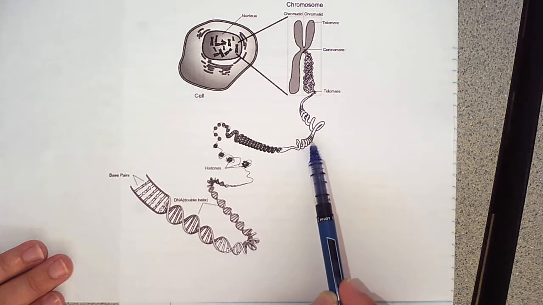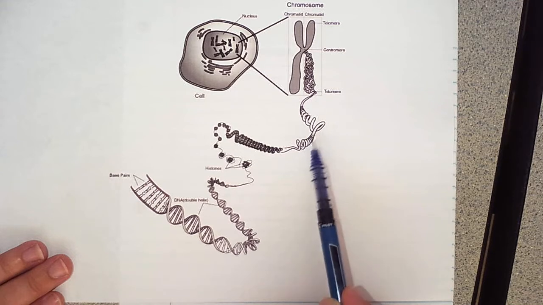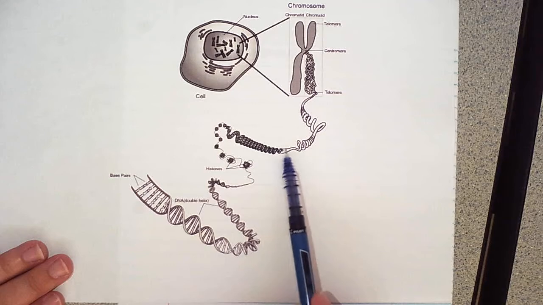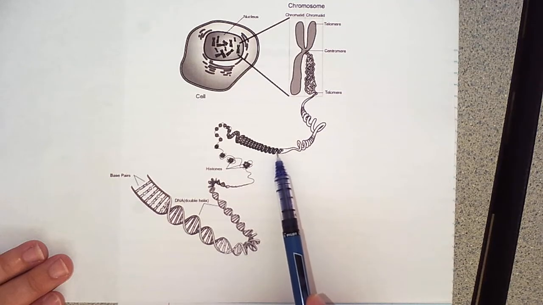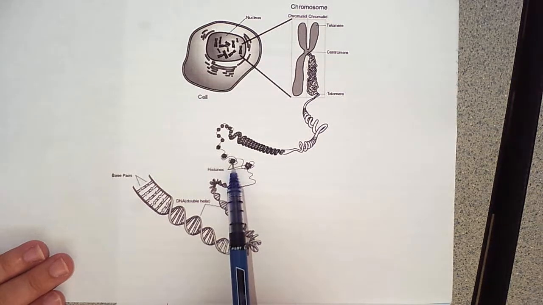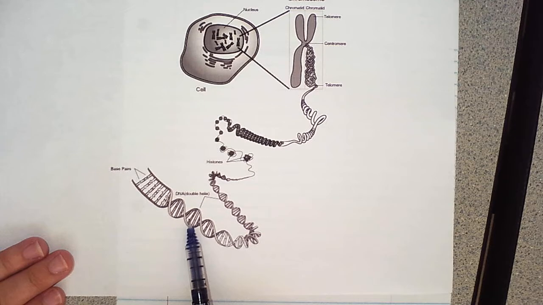If you've ever seen an old-fashioned telephone, and I hate to say it because those are the phones I grew up with, those old-fashioned telephones had these spiral cords. But that spiral is actually spiraled a couple of times. It's wound around these proteins that we call histones, and if I truly unwind it, then I get to DNA.